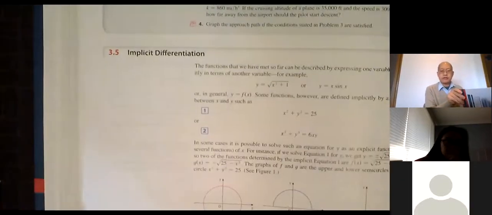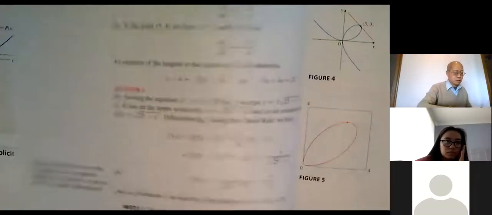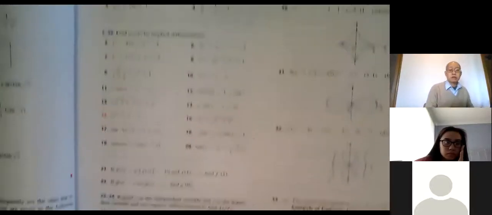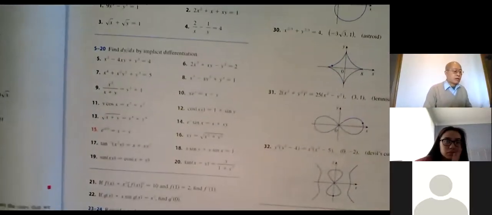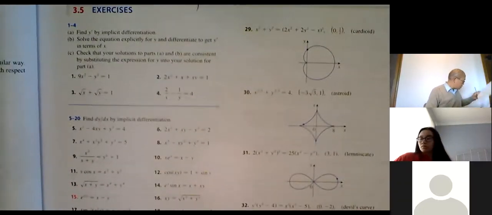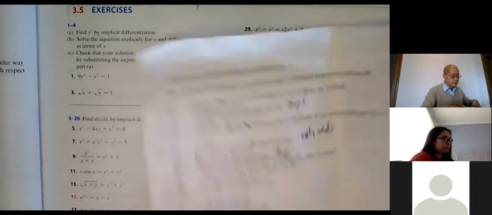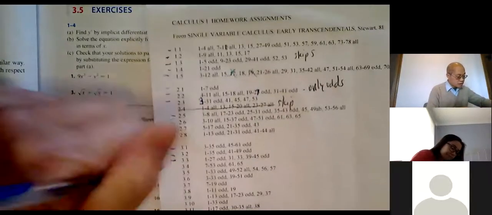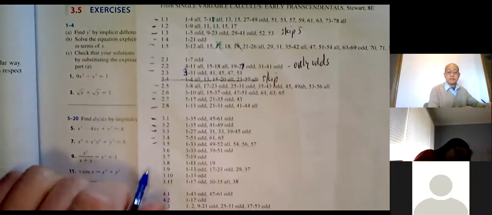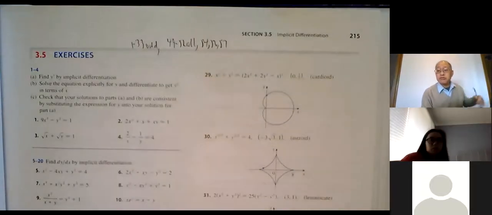So implicit differentiation. Let me show you what the problems look like. So how is this any different? While we're at it, I might as well show you from the text. So what do we have to do? 3.5, 1 to 33, 49 to 52, 54, 56, 57, something like that. Mark this off here. Okay, so this is page number 215, looks like.